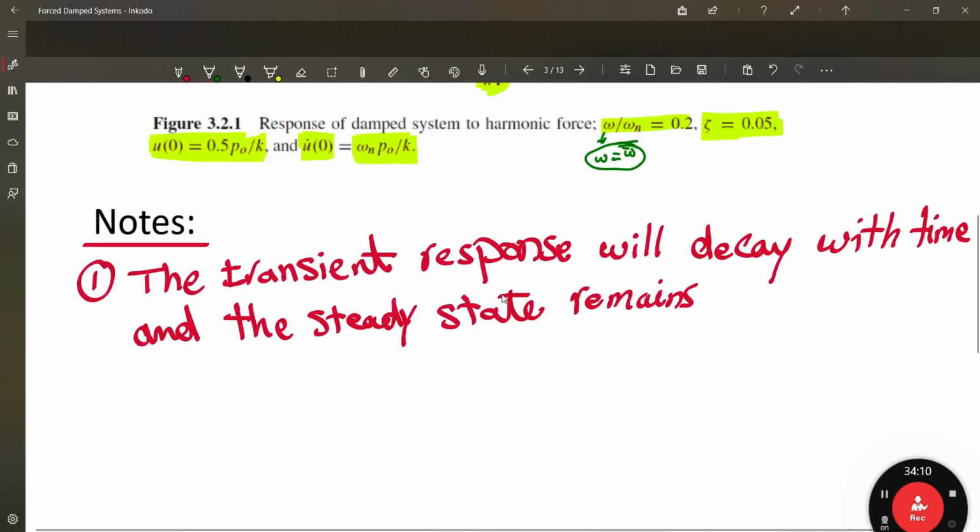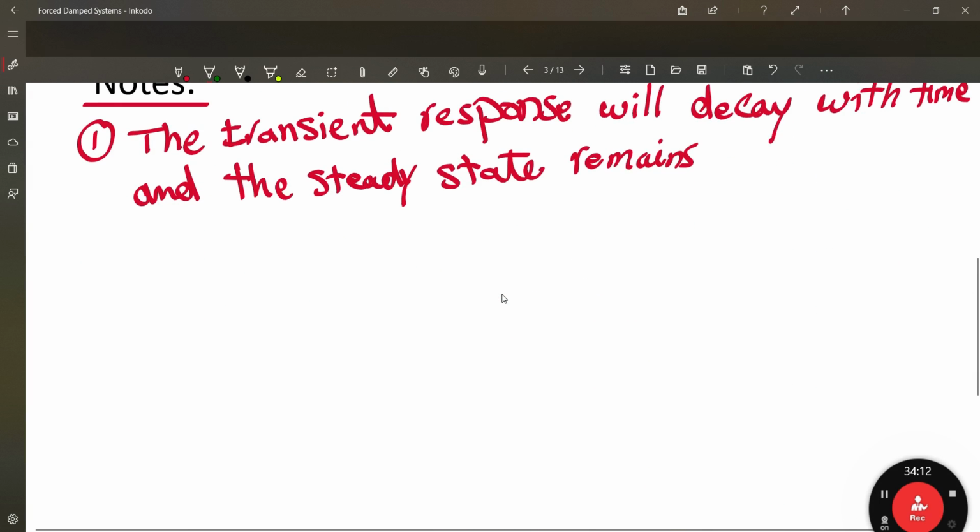So let's put it in another note here, which is an important note as well.